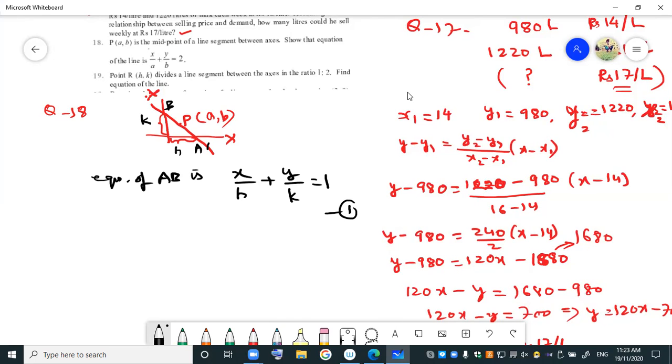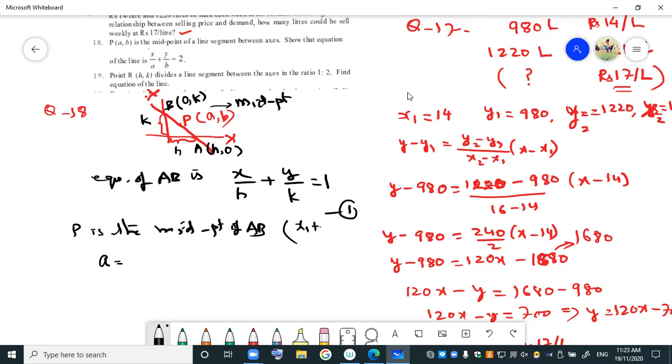The coordinates of A will be (h, 0), since A is on the x-axis, and the coordinates of B will be (0, k). P is the midpoint, so we can use the midpoint formula: x is equal to (x1 plus x2) by 2 and y is equal to (y1 plus y2) by 2.